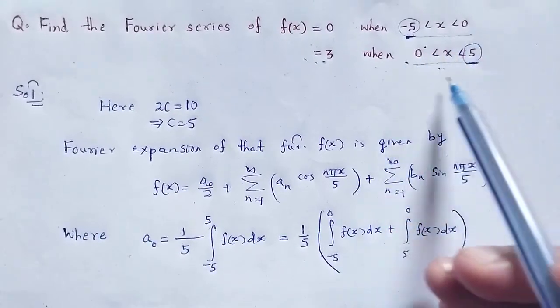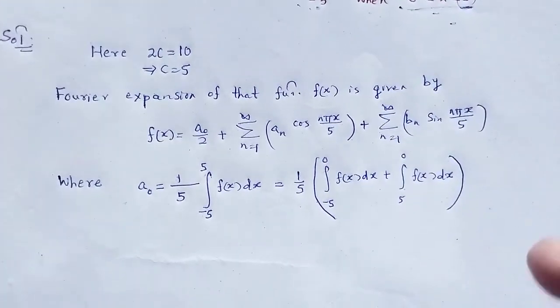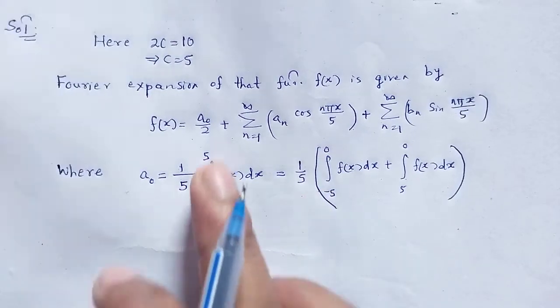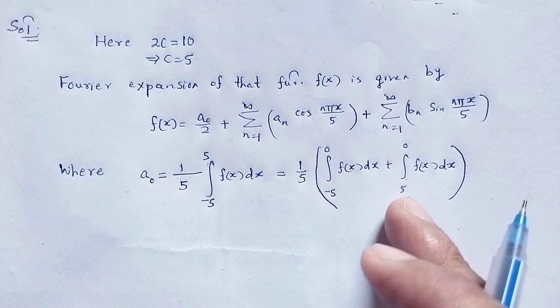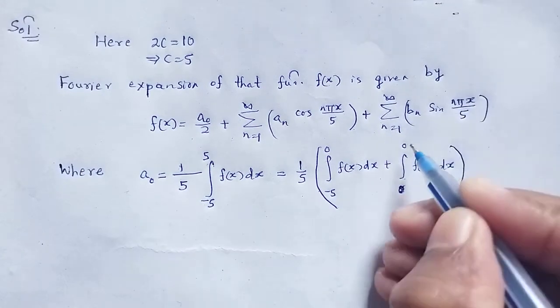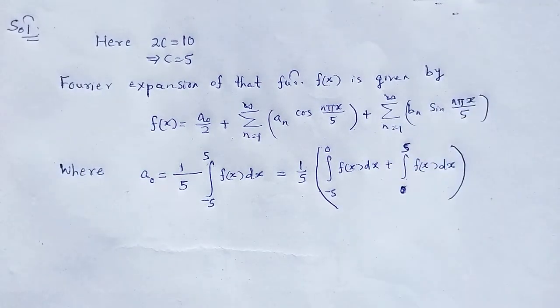We change the limits, minus 5 to 0, sorry, that is 0 to 5.